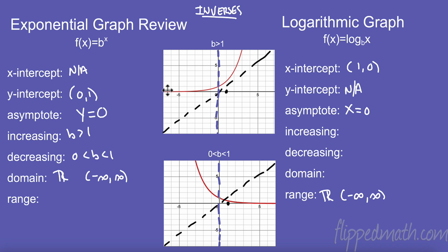All right, range. Let's look at our range. First, let's talk about the exponential. So now 0 is basically the cutoff here, right? So we're going from 0, not including it, so it's just a parenthesis, not a bracket, all the way to positive infinity. I know it's backwards. A lot of you want to say positive infinity to 0, but range is from down to up, bottom to top, right?